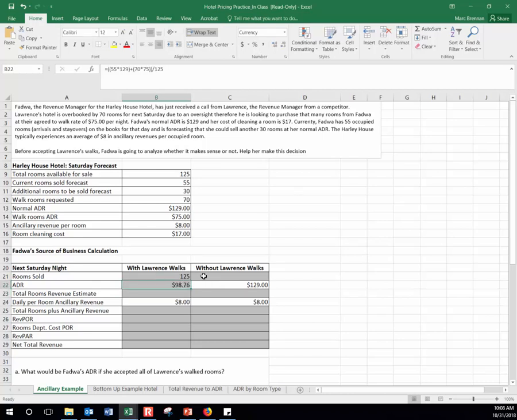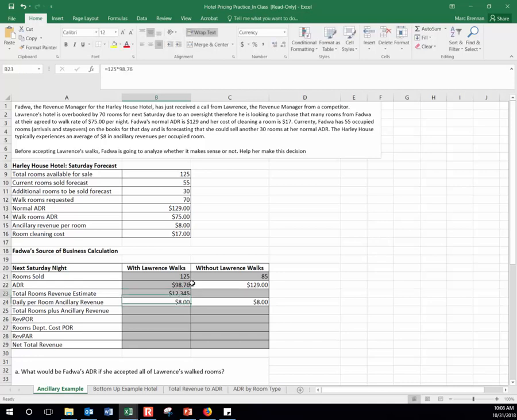That gives me $98.76. Now without Lawrence's walks, I believe I'm going to have the 55 that I currently have sold, plus another 30, so I'll only have 85 of my rooms sold. With the walks, I would have 125 rooms times $98.76 as my average rate.